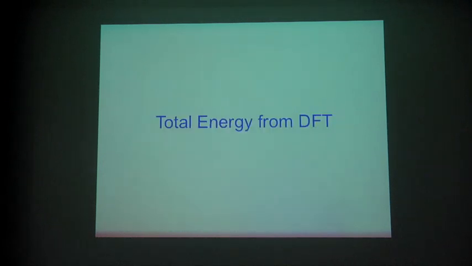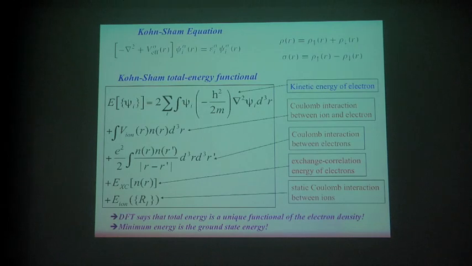Okay, question now. We have to find out the total energy, which has been mentioned to you by my previous speakers time and again. And DFT fortunately is a workhorse to arrive at the total energy. Even though you have already been exposed to this, there's nothing wrong in repeating.